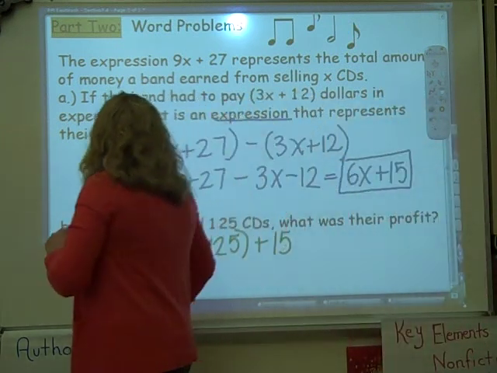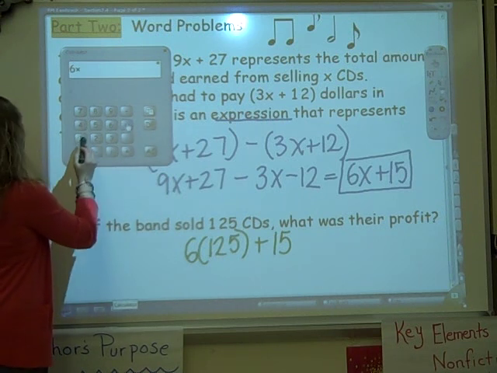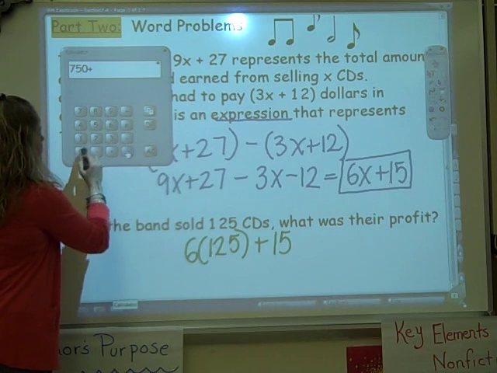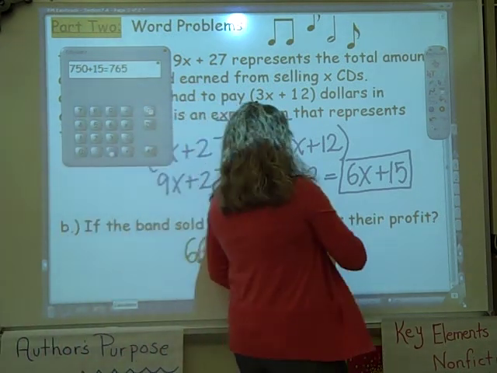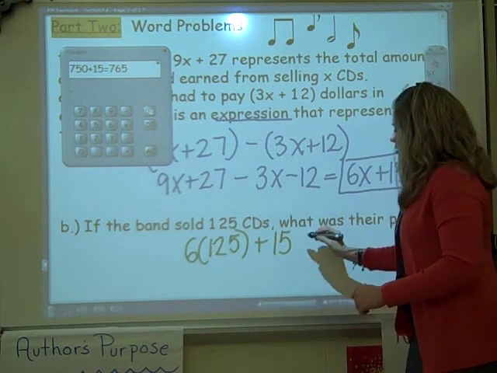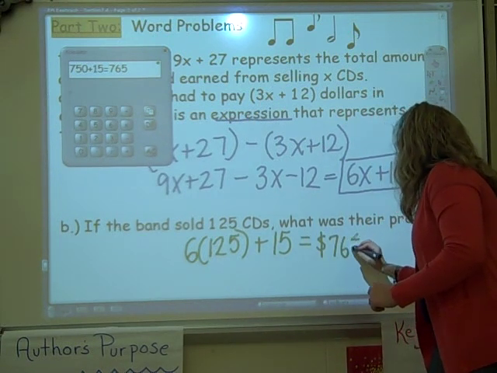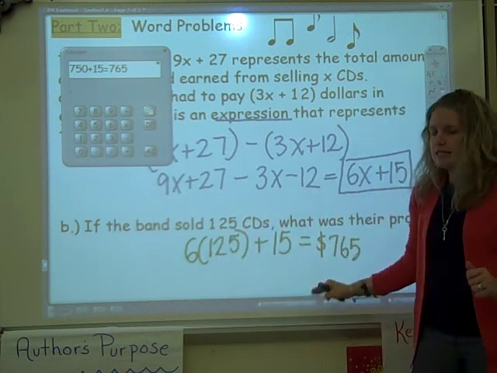I'm going to break out the calculator. I have 6 times 125 plus 15, $765. So if they sold that many CDs, they will make in profit $765.